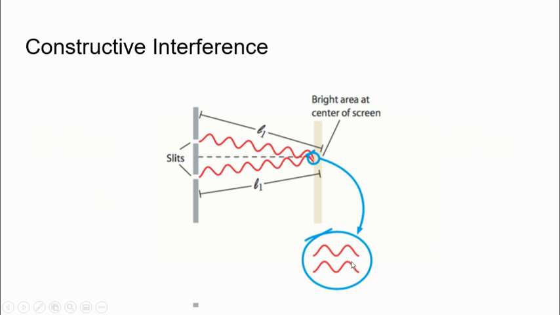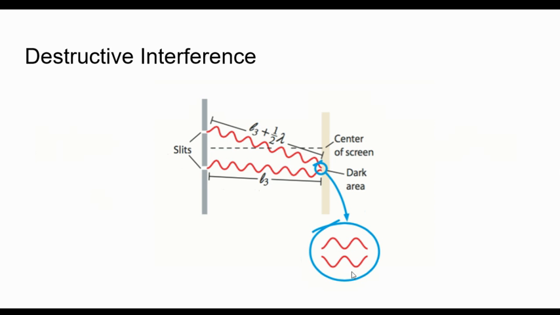If, however, we have light coming from multiple sources, and the crests line up with the troughs of other waves, these two waves destroy each other and create destructive interference. Even though photons or light are hitting the spot on the screen, you actually will see a dark area. There will be nothing visible because this light essentially cancels out this other light.